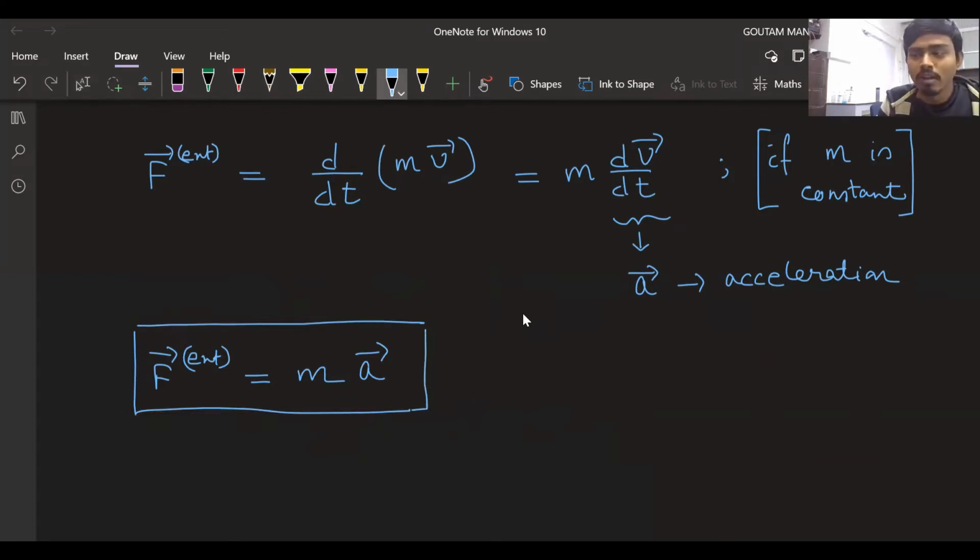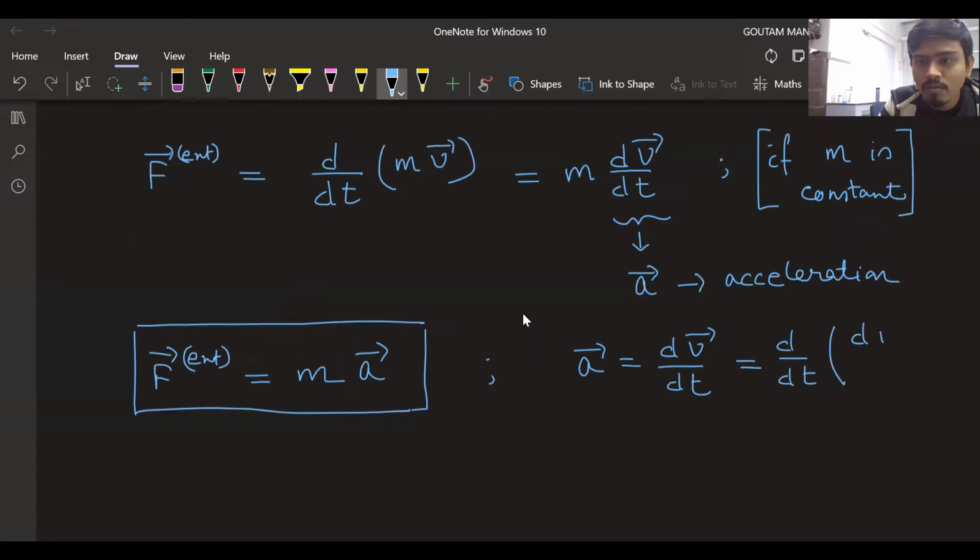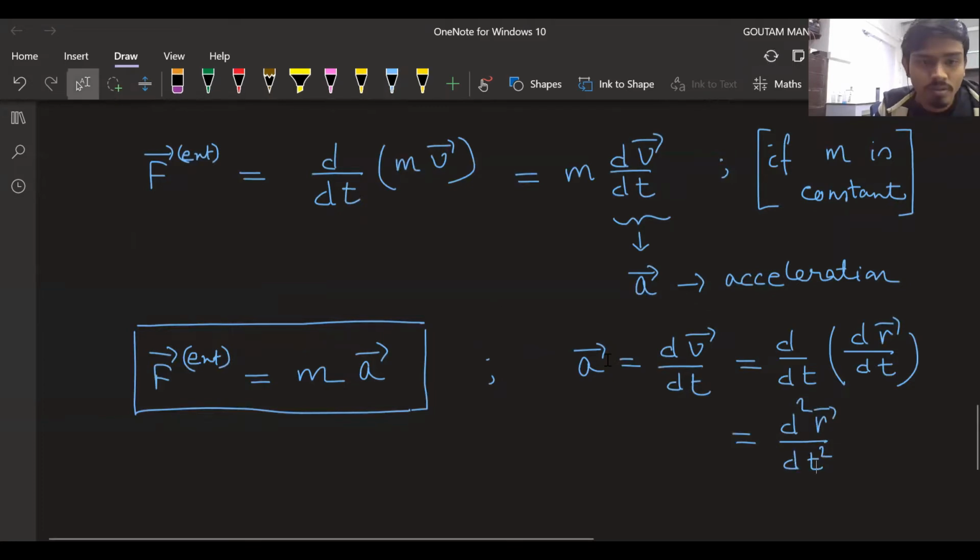This is a very well-known equation in classical mechanics, in Newtonian mechanics. Here a is dv/dt, which is basically d/dt of dr/dt, that means d2r/dt2, the double derivative of the position.